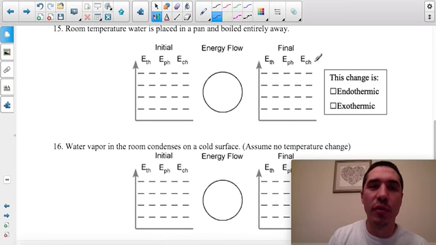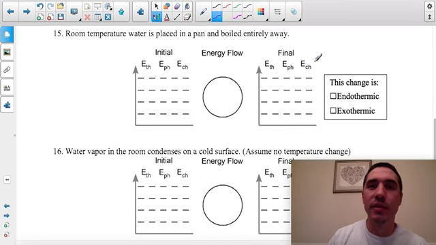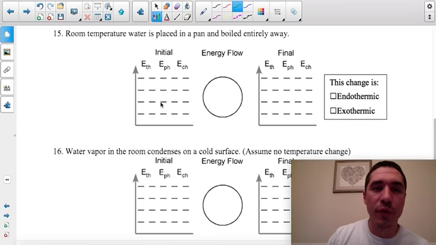Room temperature water is placed in a pan and boiled away entirely. If we had room temperature water, first of all, water is a liquid, so my phase energy would get 2 bars. We said that whenever you have a liquid, you always have 2 bars of energy.